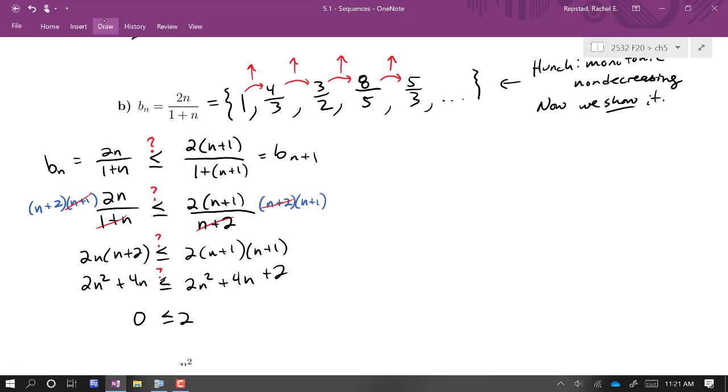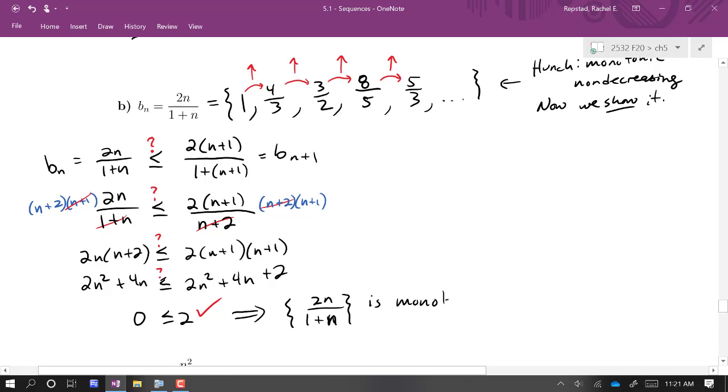That is, in fact, true. Right, so no more question mark on that inequality sign. And that means that this sequence defined by the terms 2n over 1 plus n is monotonic, non-decreasing.